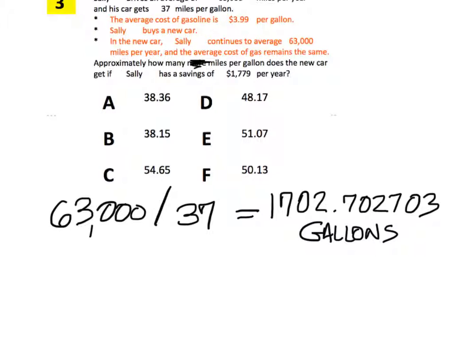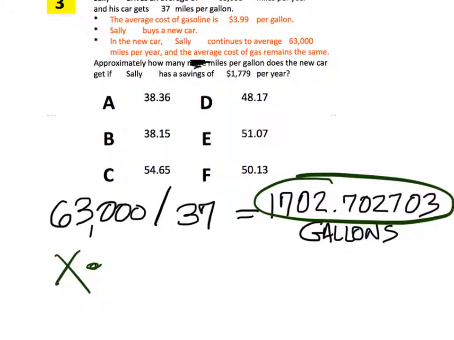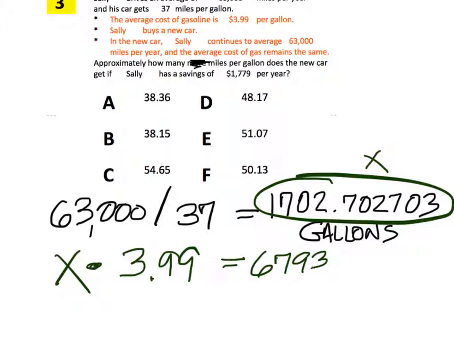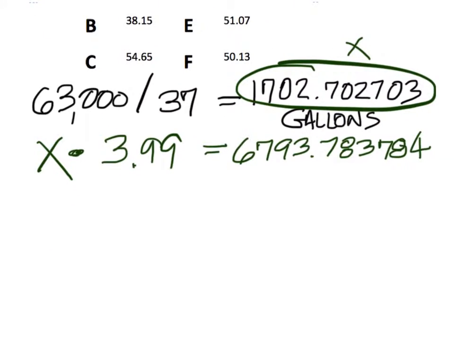So let's just let this represent x. So x times 3.99, the price per gallon. So times 3.99, we come up with 6,793.3784. Now that's how much money she has spent.